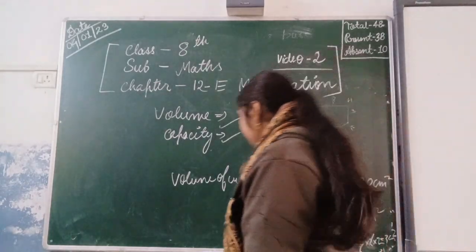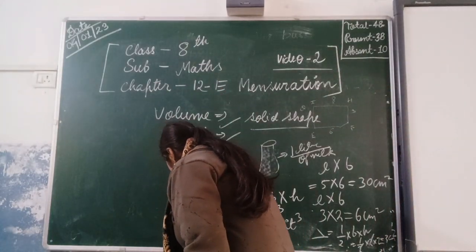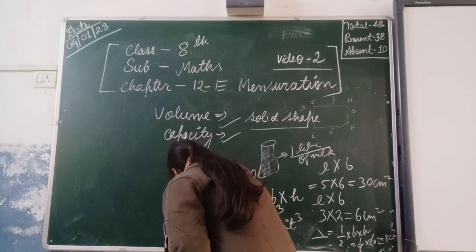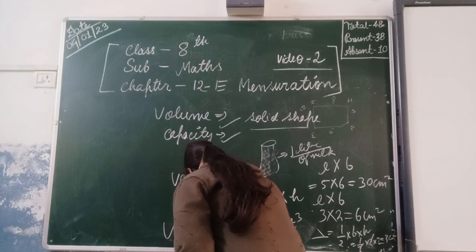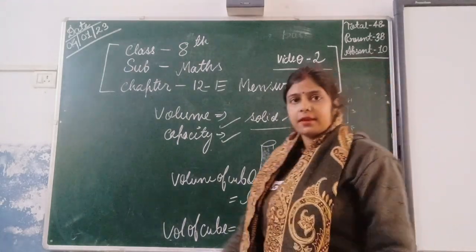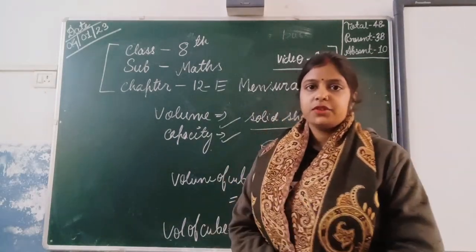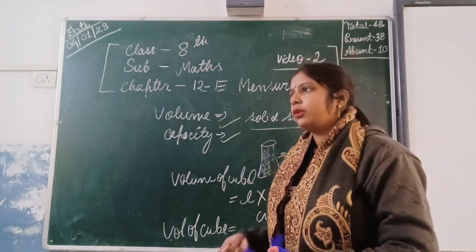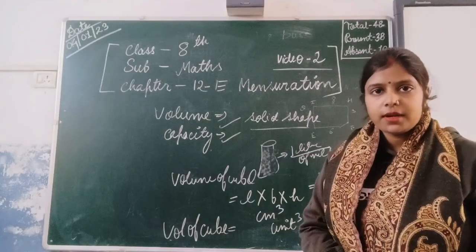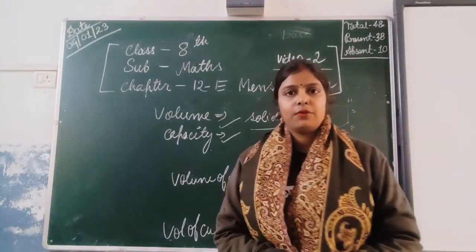Similarly, to find out the volume of a cube, since all the dimensions are the same. What is the difference between cube and cuboid? For the cuboid the dimensions are different, and for the cube the dimensions are always the same.